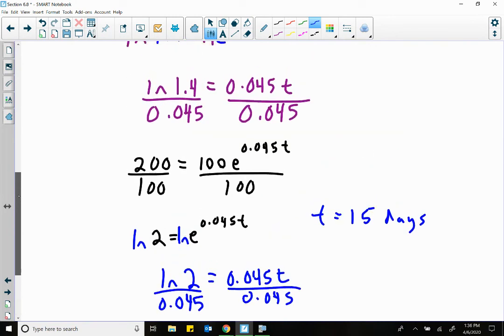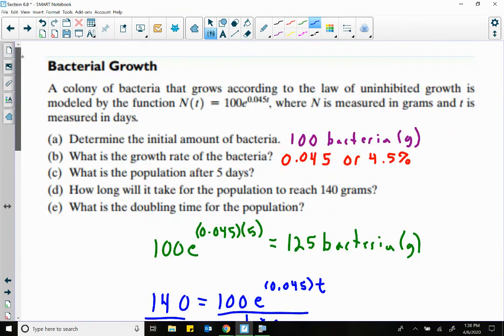That's how you do it. Okay? All these problems are just alike. They ask you about the initial amount, they'll ask you about the growth rate, or it might be decay rate. Then they'll have you plug into T, and then they'll have you do 2 problems where you're actually solving for T. Now, in one of the problems, when it gets into decay, it might ask you what is the half-life.